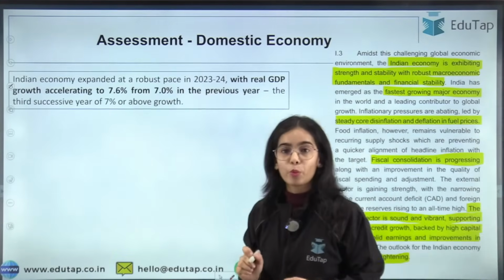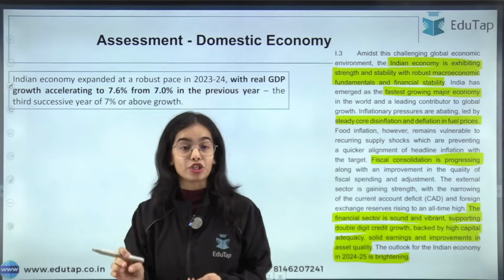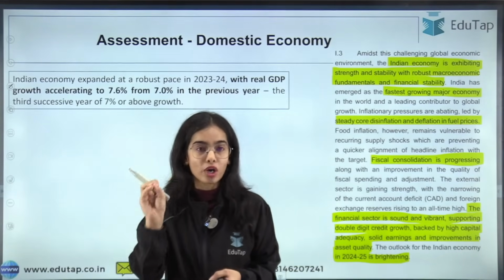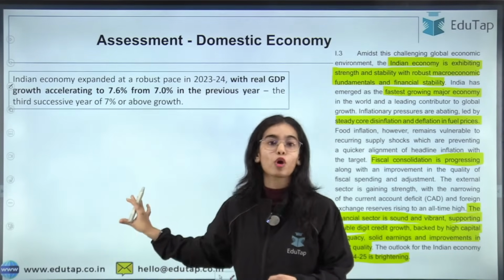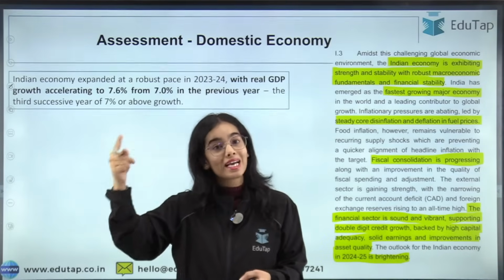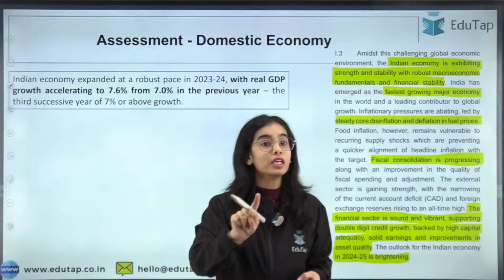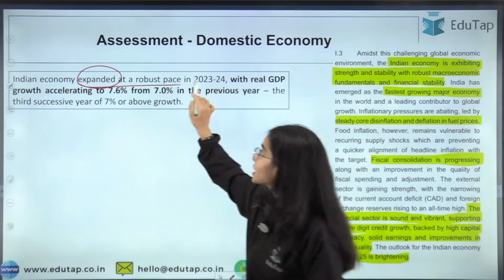Now coming to the point, yes, the World Economic Outlook has been mentioned. If I have brought some data, I have brought it directly. All the data points are directly from the annual report. So if I am mentioning a particular report, RBI has mentioned that report in its annual report. Remember that. Now the Indian economy expanded at a robust pace.